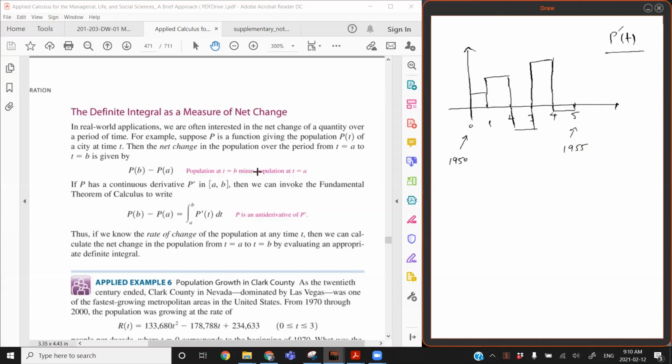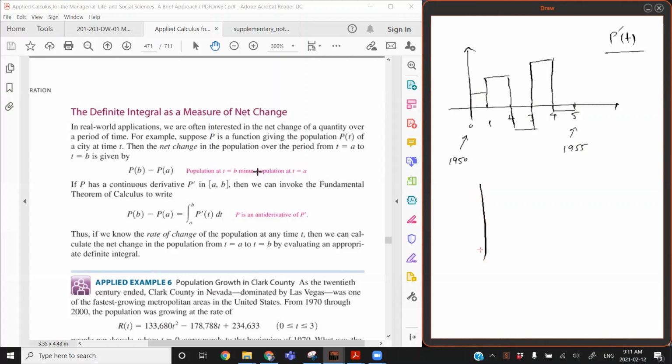So P prime of T could be thought of as the yearly change in population. It's a rate of change. Or you can make it finer: the daily rate of change of the population, or the hourly, or the second by second change in the population.